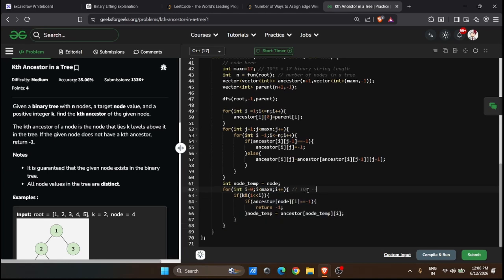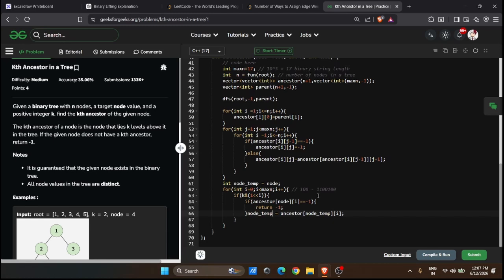I have to find the 100th ancestor, which I can represent like this in binary. I will compare this 100 with each bit. For every set bit, I will move to its ancestor level and access that node. From that node I will move to the next ancestor level whose bit is set in the binary string, hop to that level and get that node. That's how I'm going to iterate over here.